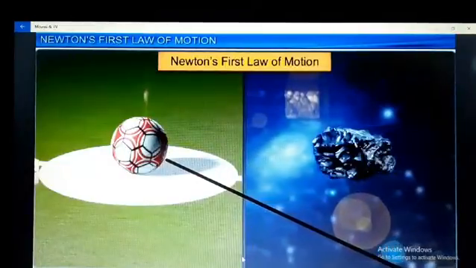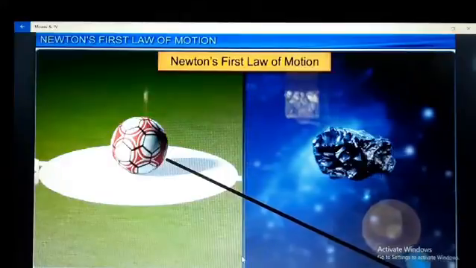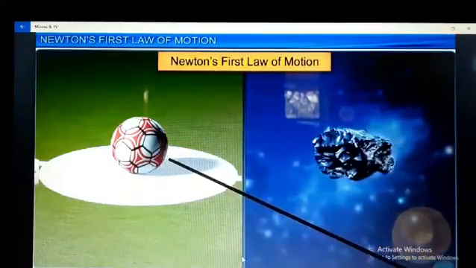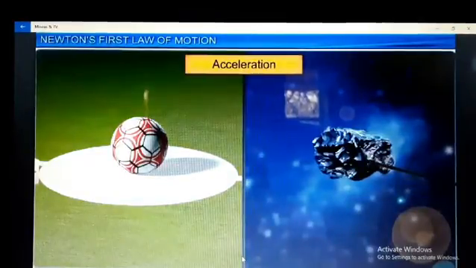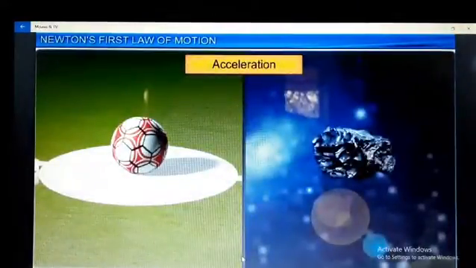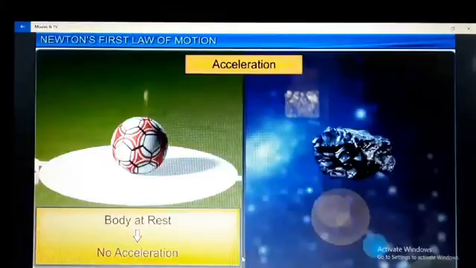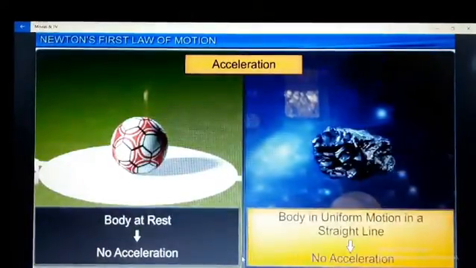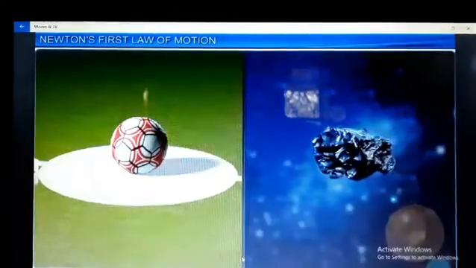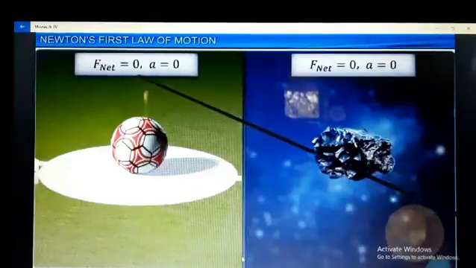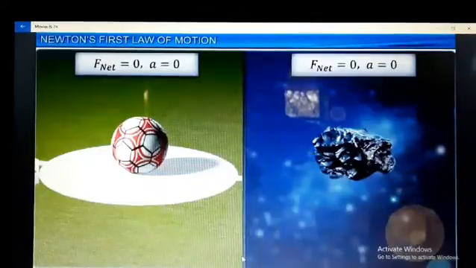We do not apply any external force, so it may be at rest. And in the universe, an object is continuously moving. This means on both objects, the total force is zero and the acceleration is also zero. Look here, total force and acceleration in both cases are zero.